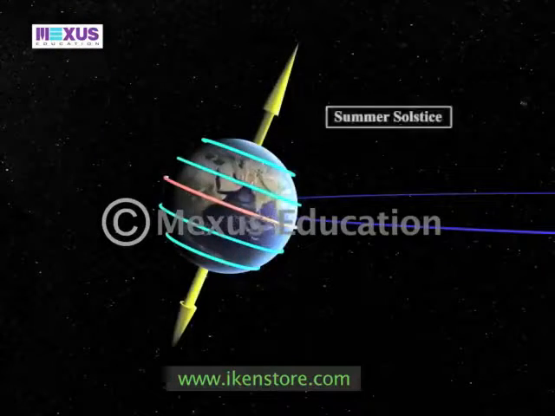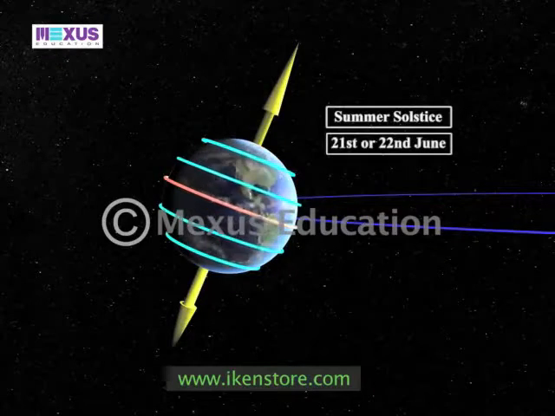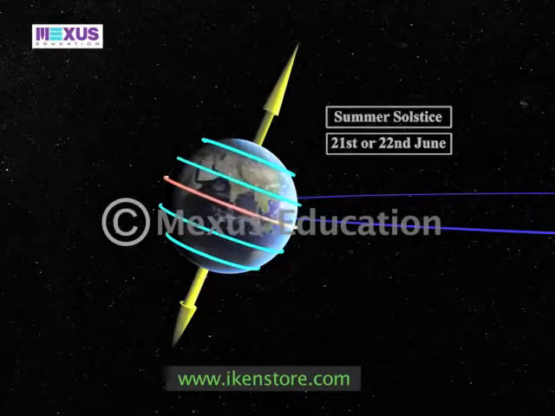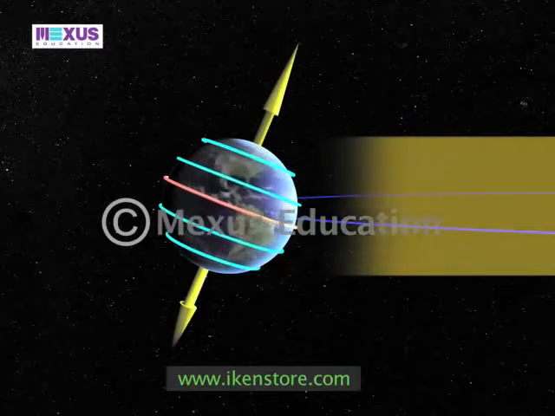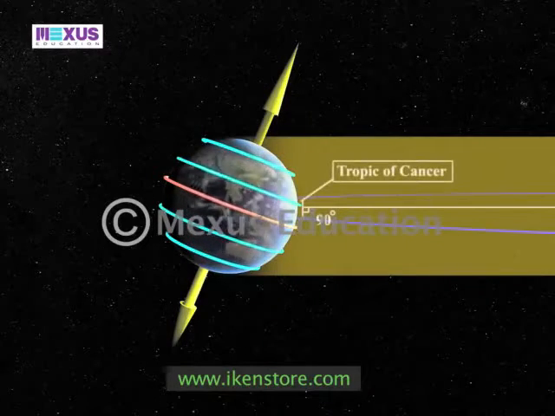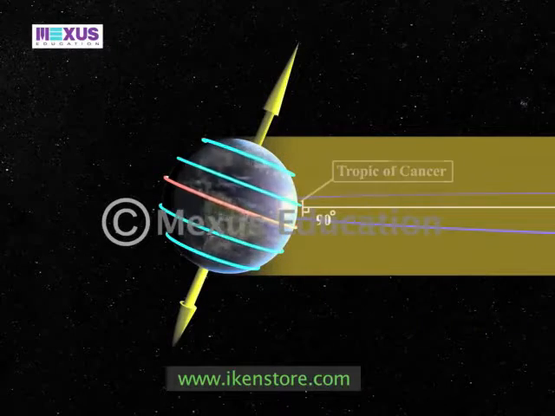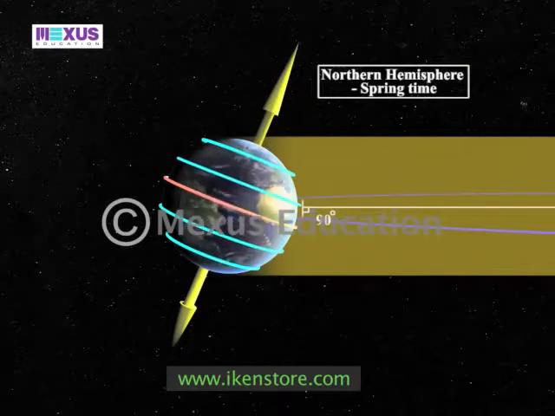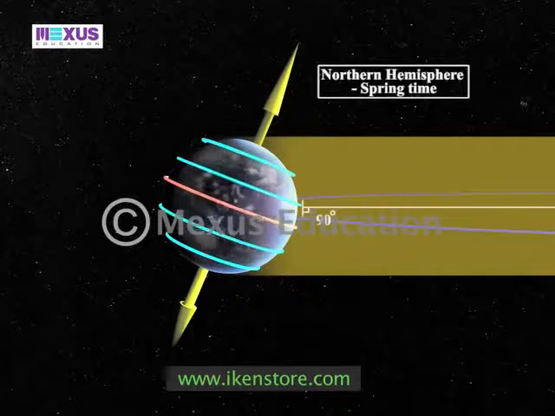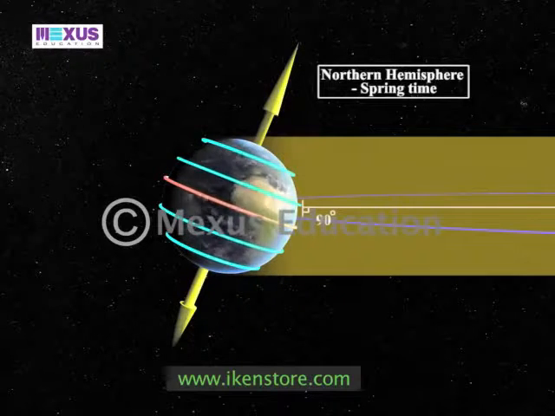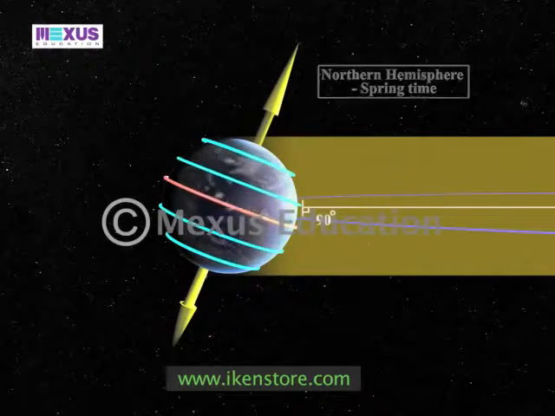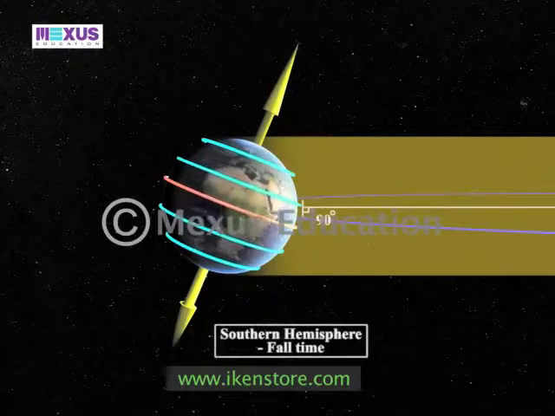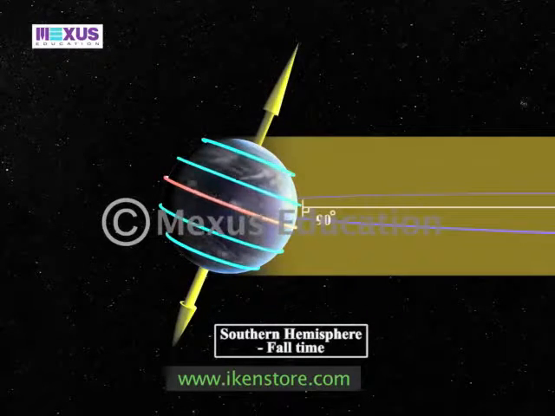The summer solstice occurs on the 21st or 22nd of June. On this day, the sun's rays are directly perpendicular to the Tropic of Cancer, resulting in the northern hemisphere receiving the largest amount of solar radiation, because of which the daytime in the northern hemisphere is the longest in the year, while the nighttime in the southern hemisphere is the shortest in the year.